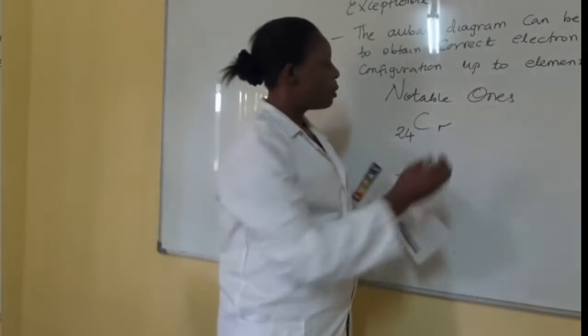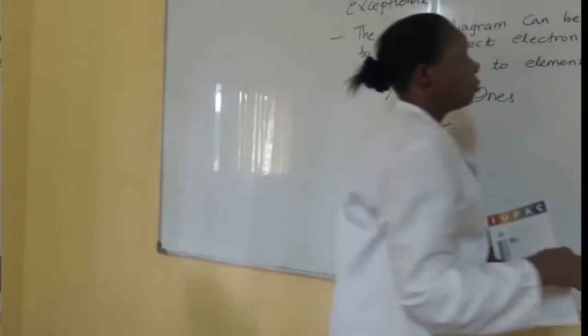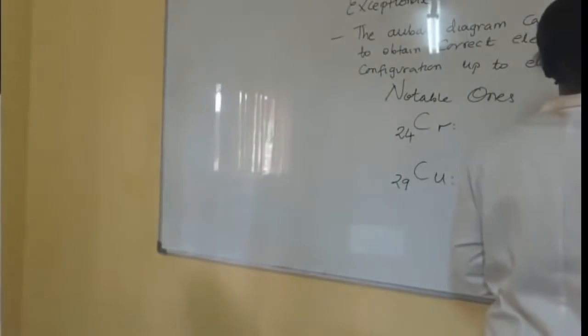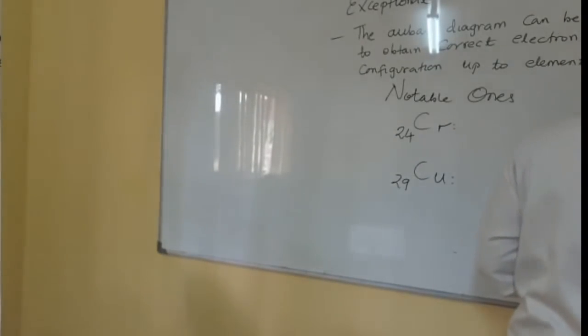So if you use your Aufbau diagram, which we can actually draw, so that's 1s, 2s, 3s, 4s, 5s, 6s, then you have 2p, 3p, 4p, 5p, 6p, then you have 3d, 4d, 5d, and 6d.